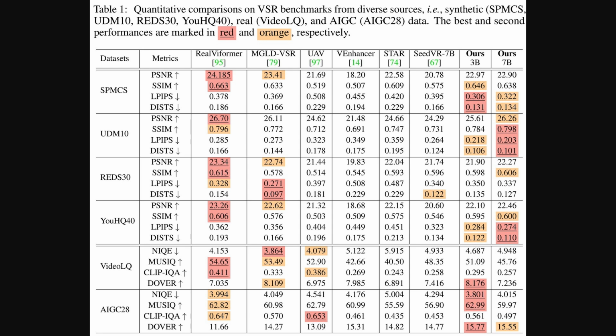Then there's LPIPS, and a similar metric DISTS. These focus on perceptual clarity, so lower scores are preferred. Looking at the results, the SeedVR2 models, ours 3B and ours 7B, consistently achieve top scores, marked in red and orange, particularly excelling in those perceptual measures.